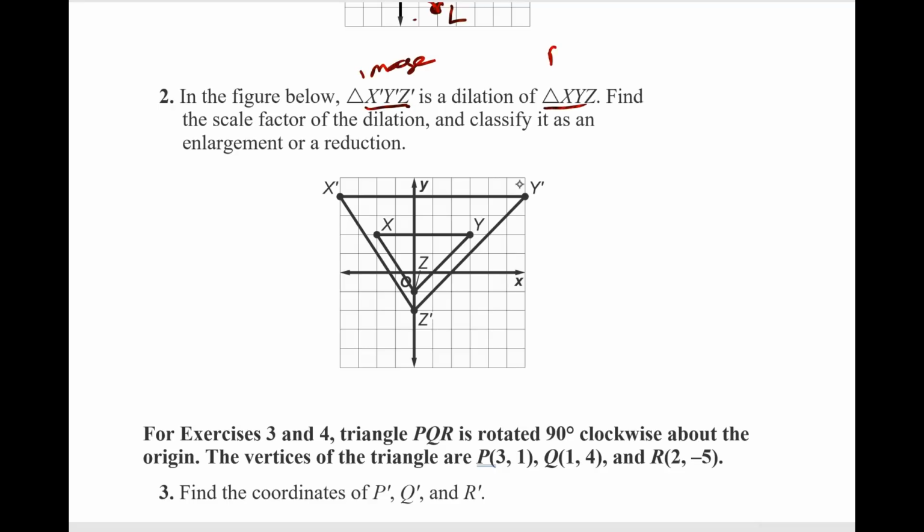This is the pre-image. All right. So the pre-image is smaller than the image. So we know this is going to be an enlargement, because we went from here to here.